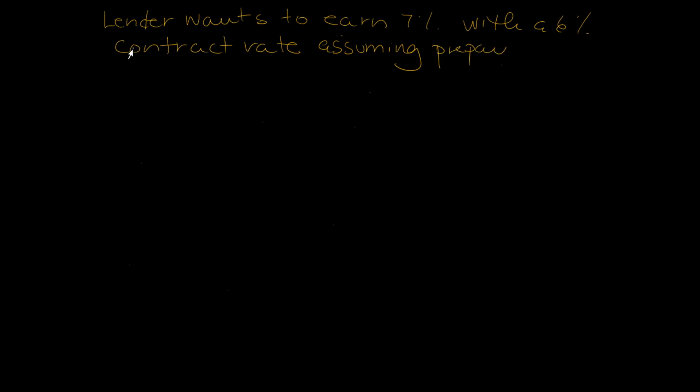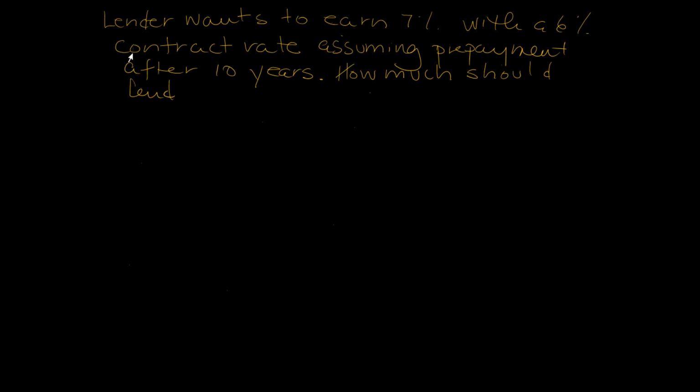Well, our first step is going to be to solve for the payment per dollar borrowed, because again, we're looking at this from the lender's perspective, so we don't have a specific loan that we're considering. They're just basically trying to set their policy based on their desire to earn a 7% yield.